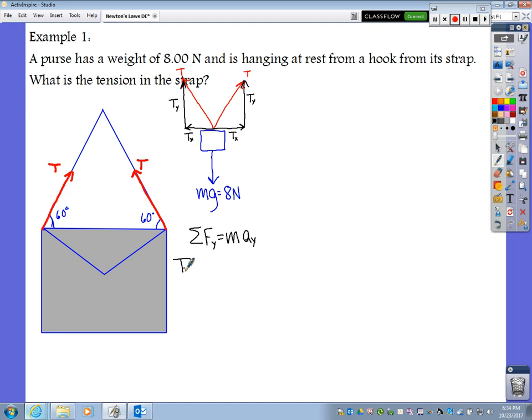So I have Ty plus Ty minus mg equals the acceleration, which is 0. It's hanging at rest. So I'm going to combine those, add mg to both sides. 2Ty equals mg, which is 8 newtons. So divide by 2, Ty equals 4 newtons.